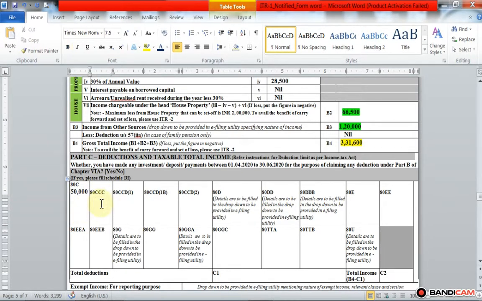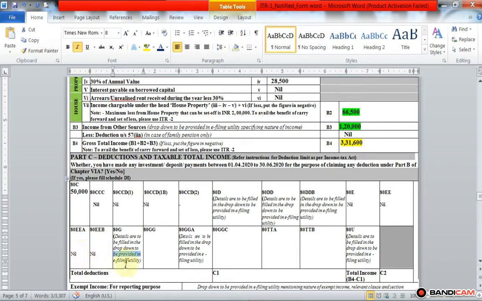Then here 80CCC is nil, nil, nil. Next, 80D nil, 80DD nil, 80E nil, 80EE nil, 80EEA nil, 80EEB nil.